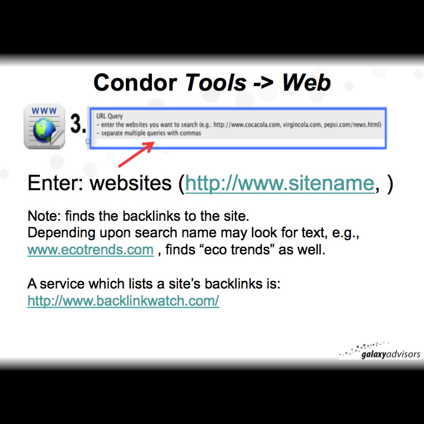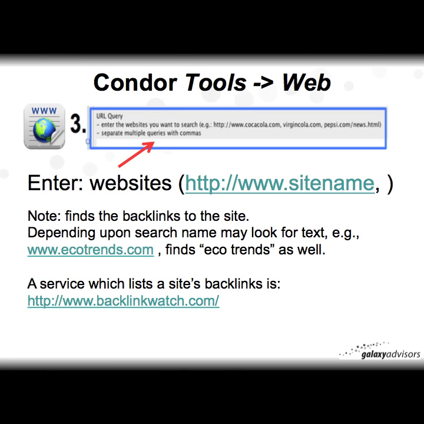Third, for a URL query, again, enter the website. If you have multiple ones, separate them by a comma. And again, in this case, since we're using Google, you'll see that Google API appended to the name when you're looking at the results. Again, this finds the backlinks to the site depending upon the search name. It also might say, in this case of Echo Trends, I'm looking for Echo Space Trends.